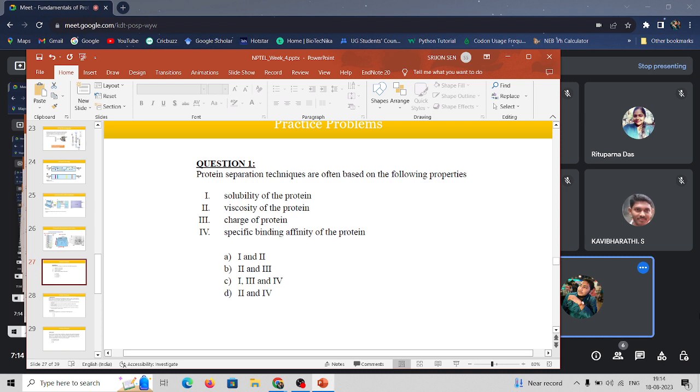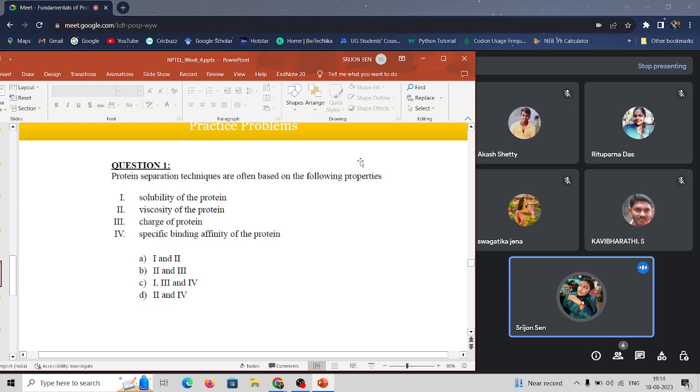Okay, so the first question says protein separation techniques are often based on the following properties: solubility of protein, viscosity of protein, charge of protein, specific binding affinity of the protein. Answers in the chat box.